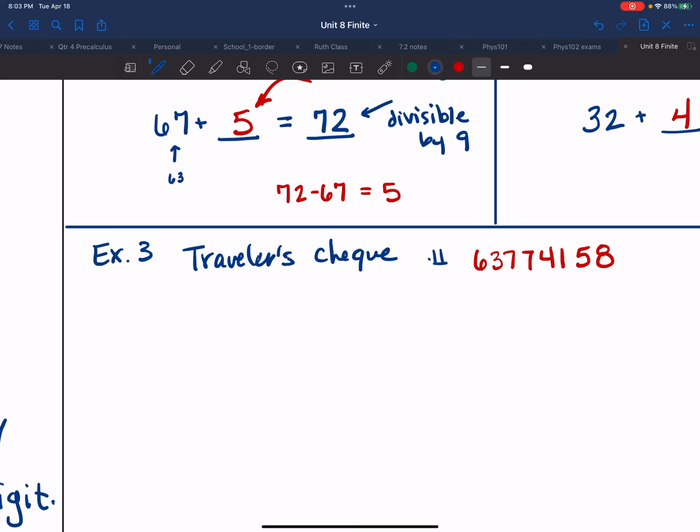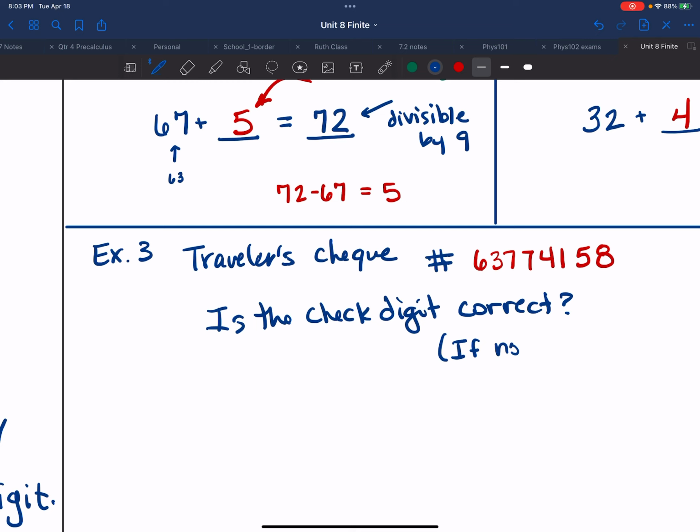So that is my check digit. All right. So I need to see, is this correct? And usually when we ask that question, is the check digit correct? And then usually if not, what is the correct one?